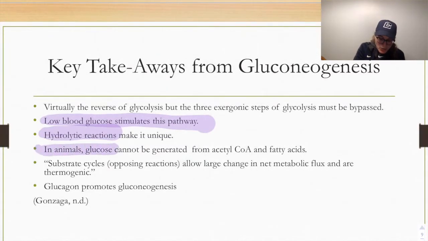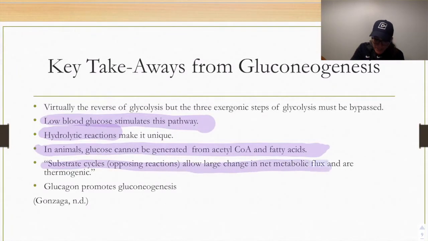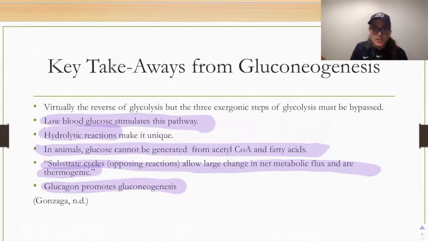Interestingly, in animals specifically, glucose cannot be generated from acetyl-CoA and fatty acids. And I also want to mention, as stated by Gonzaga, that substrate cycles, opposing reactions, allow large change in net metabolic flux and are thermogenic. And then ultimately, glucagon promotes gluconeogenesis.